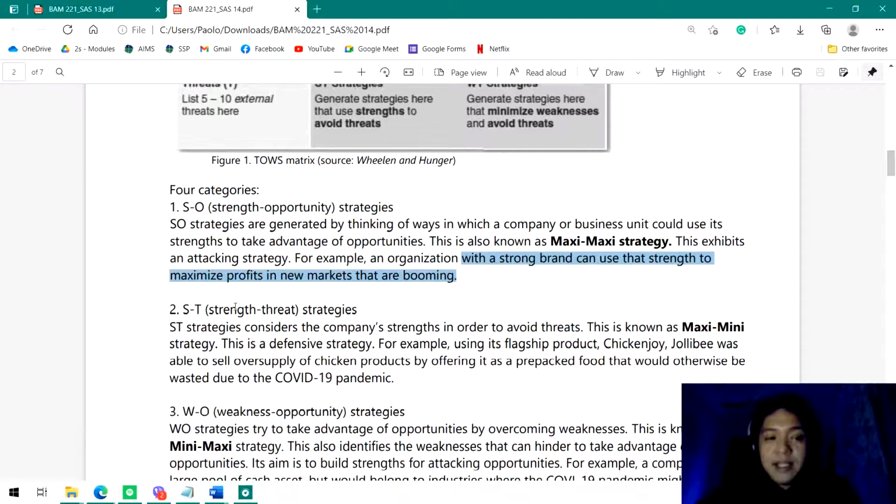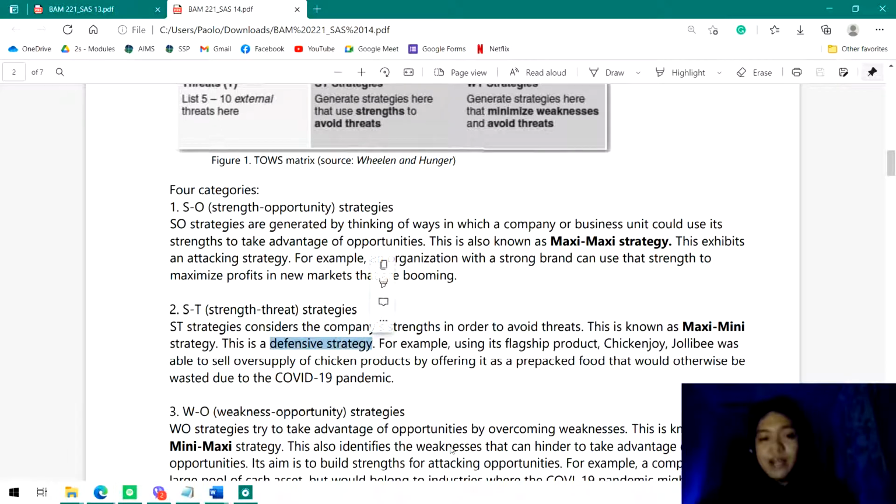Next we have is the strength threat strategies or ST. So tulad ng sabi natin, you will avoid the threats by using the company's strengths. This is known as the Maxi-Mini Strategy. So Maxi is positive, Mini is negative since we are dealing with threat, a negative external factor. Ngayon, this one naman is a defensive strategy.